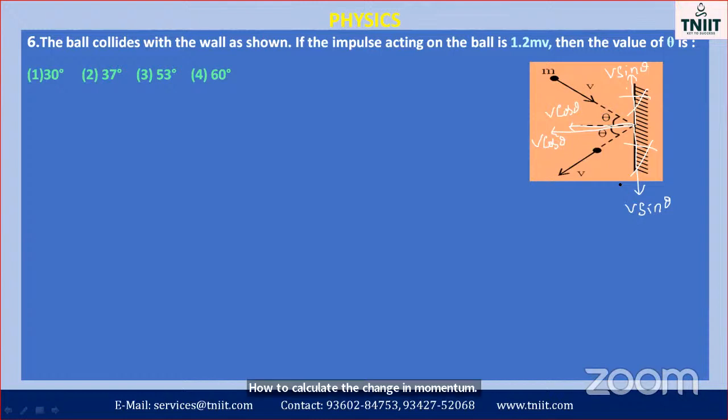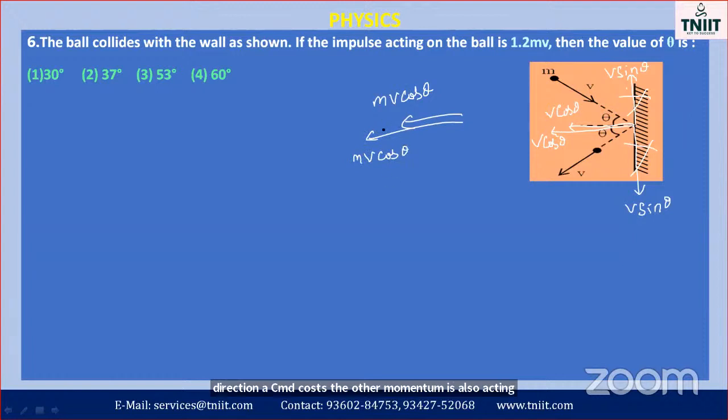The other two velocities are v cos theta, v cos theta. If both are moving in the same direction, you can find the momentum acting in the left side direction is mv cos theta. The other momentum is also acting in the same direction, mv cos theta.